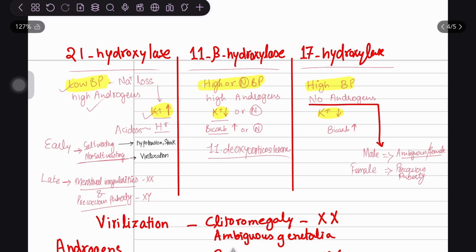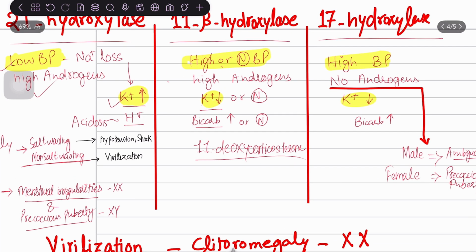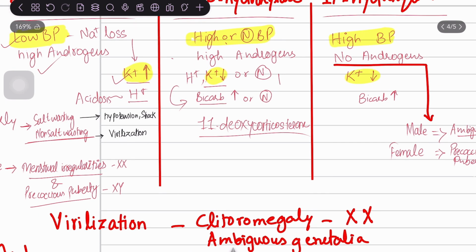It is high or normal BP, and when there is mineralocorticoid activity going on, sodium is retained, which is why it has high or normal BP. But potassium is being lost, so potassium goes down. And when potassium goes down, hydrogen is also lost, so bicarb goes up. So this is metabolic alkalosis.